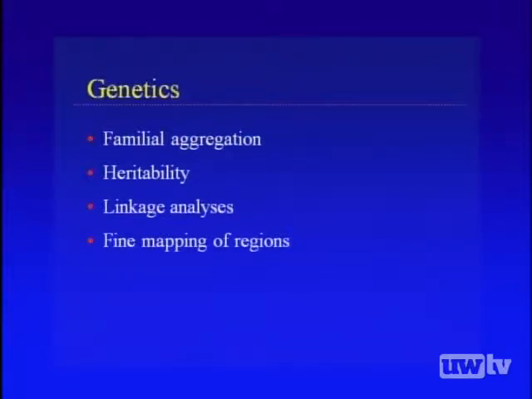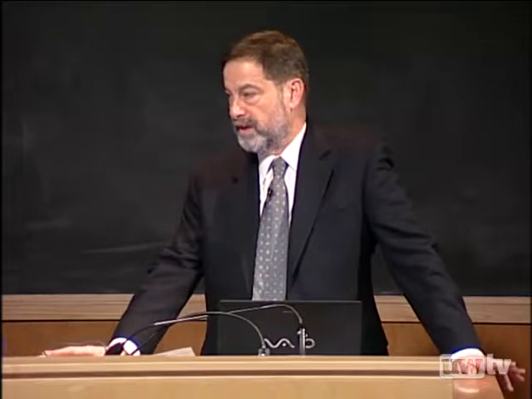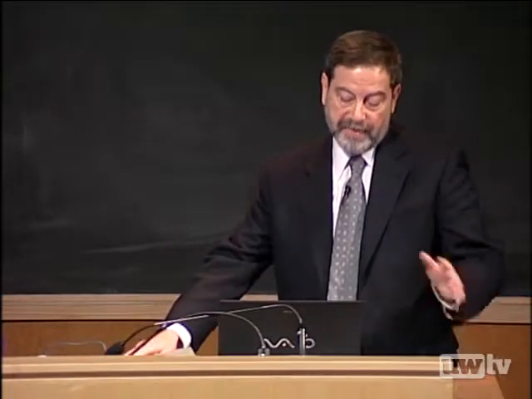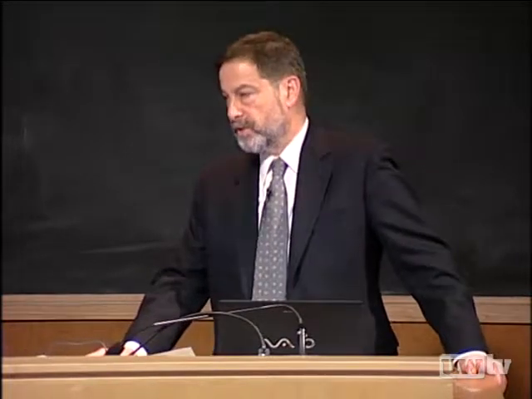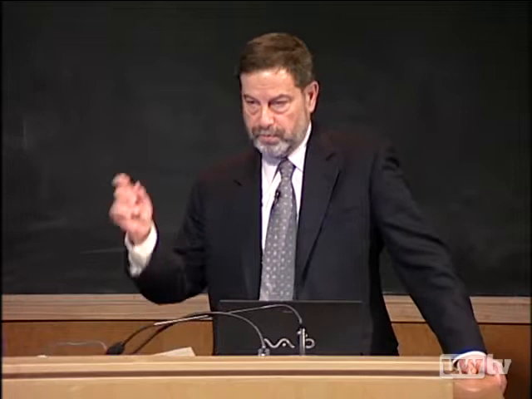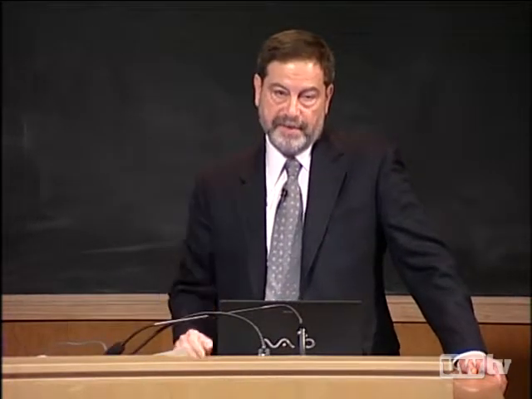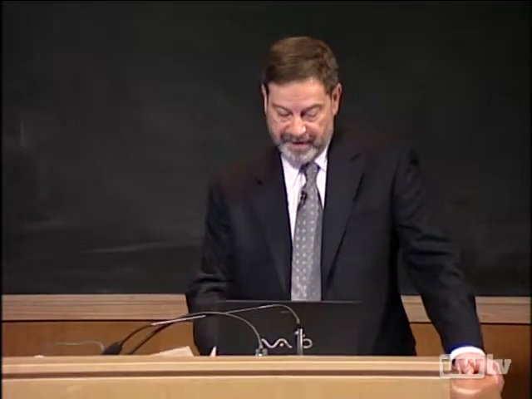In genetics, linkage analyses, first segregation analyses followed by linkage analysis, was the way this was explored to determine whether familial aggregation and heritability might be due to a mutation. And then there was fine mapping of regions of loci identified from linkage analyses in an effort to identify the causal variant, the mutation that accounted for that particular trait within that family.